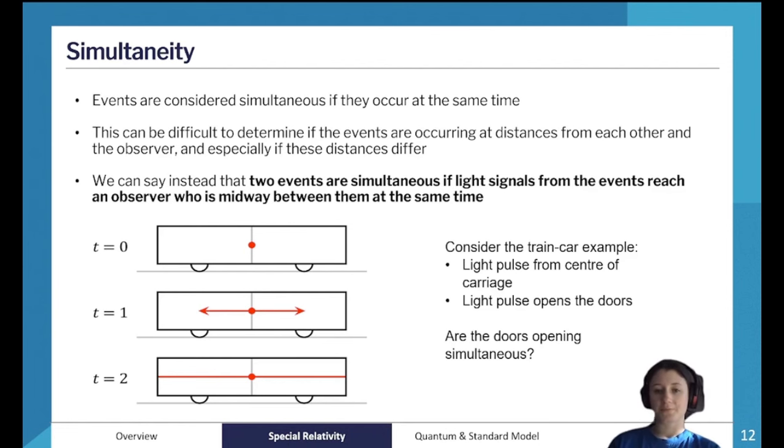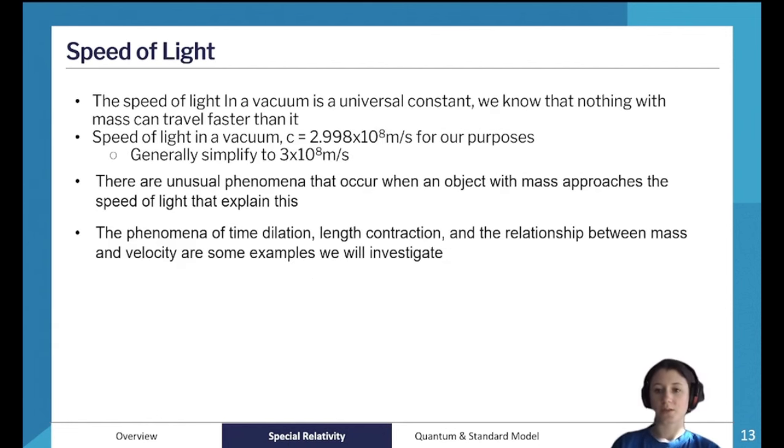Alright, now let's get on to the speed of light. So, the speed of light in a vacuum is a universal constant. Remember, that's linking back to Einstein's second law. And further, we know that nothing with mass can travel faster than it. So this is getting onto the universal speed limit, which is what it's kind of colloquially called.